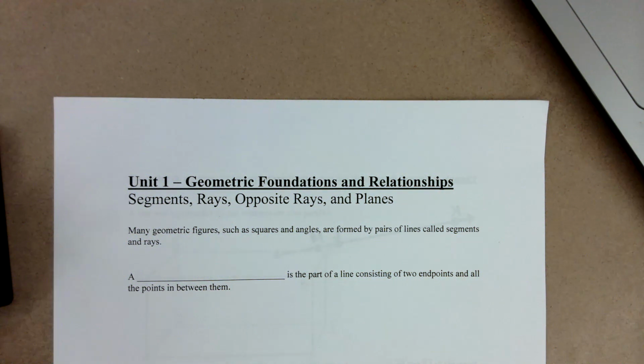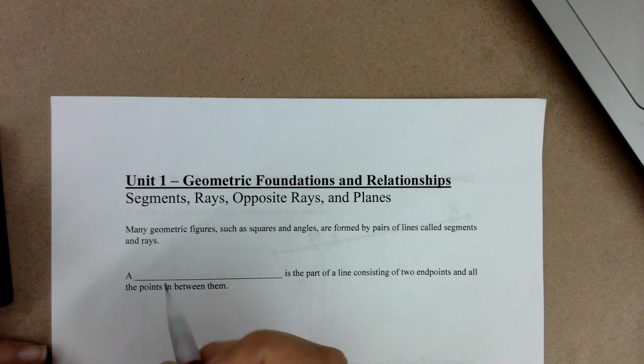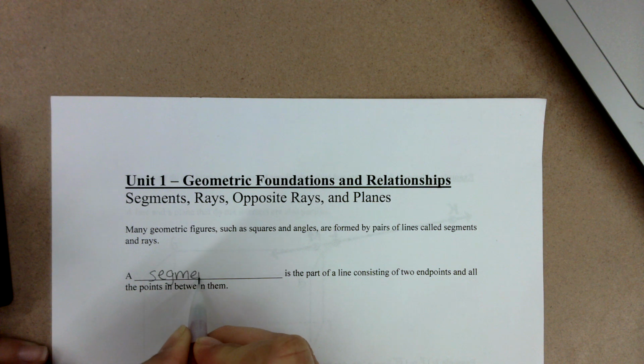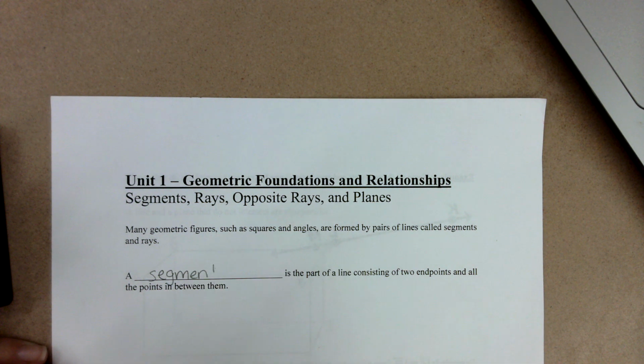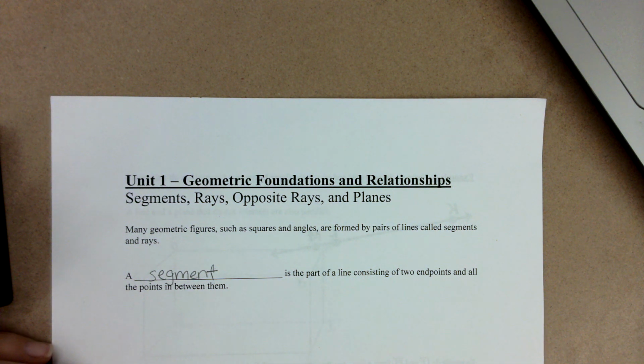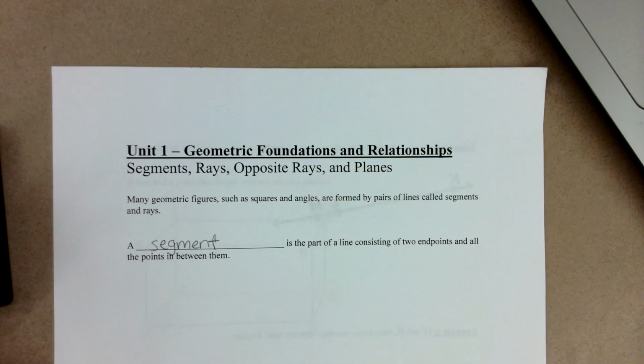Many geometric figures, such as squares and angles, are formed by pairs of lines called segments and rays. A segment is the part of a line consisting of two endpoints and all the points in between them. So we're going to draw a segment right underneath.